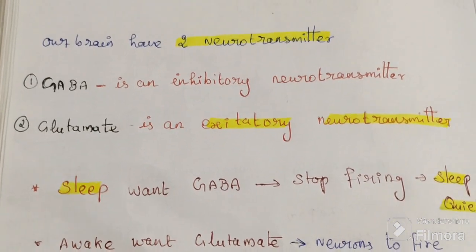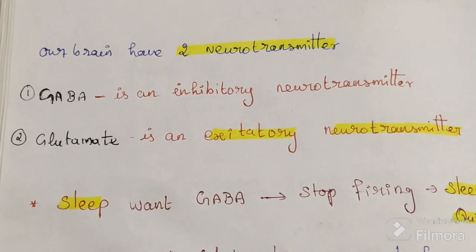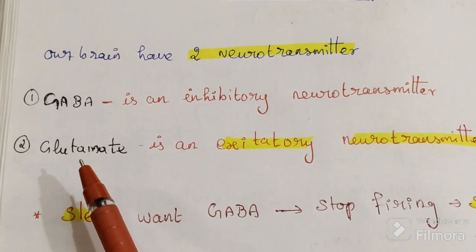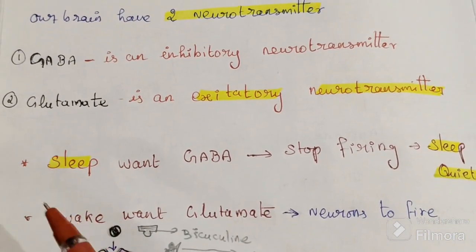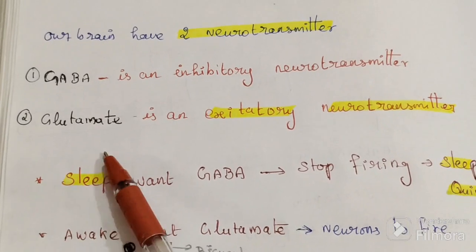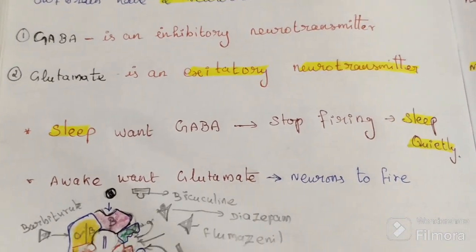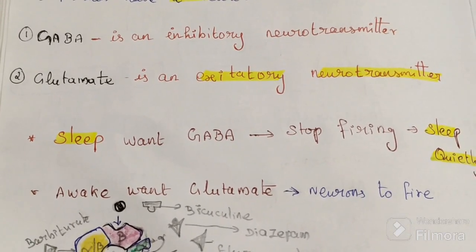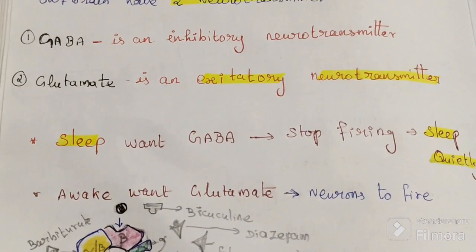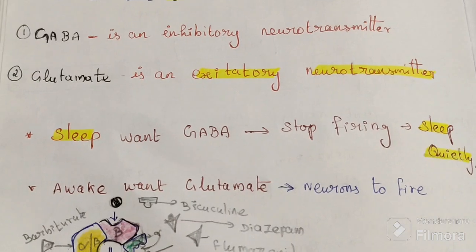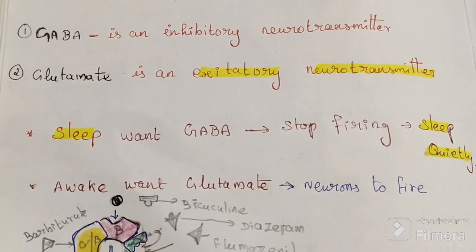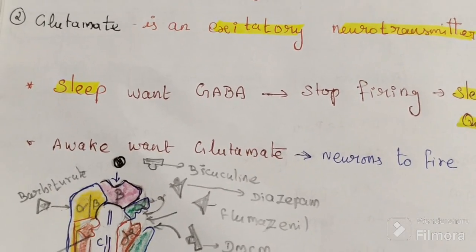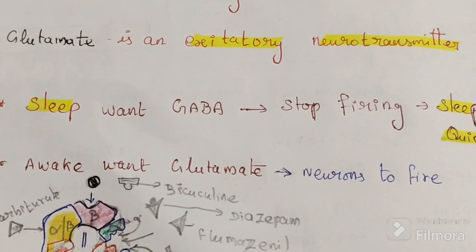So at sleeping time we need GABA, and in the awake condition we need glutamate, because GABA is the inhibitory neurotransmitter and glutamate is excitatory.